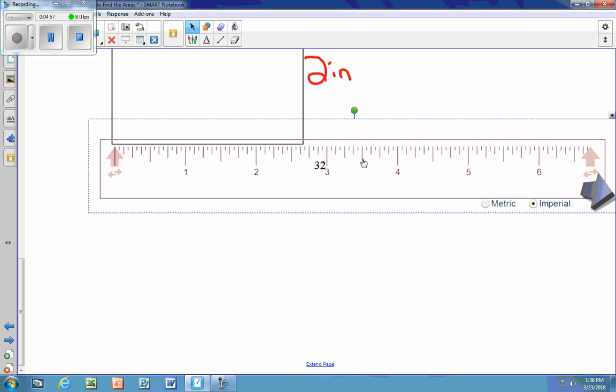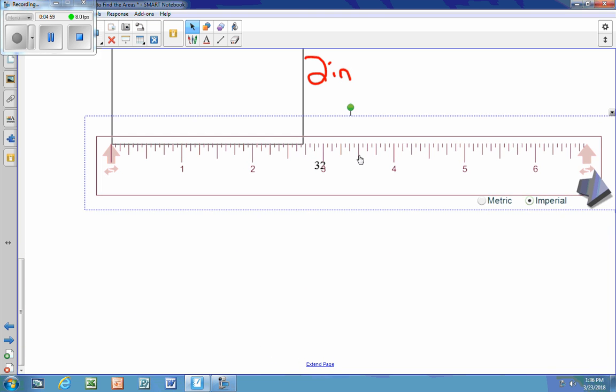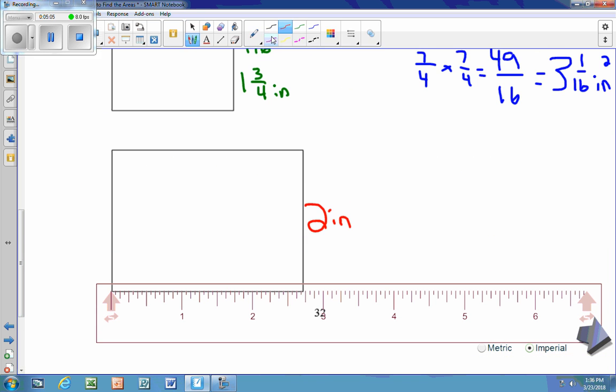And when we measure the bottom, we see that it comes out to 2 and 12/16. So we write 2 and 12/16. We don't want to use those big numbers. So we're going to simplify it to 2 and 3/4 inches.